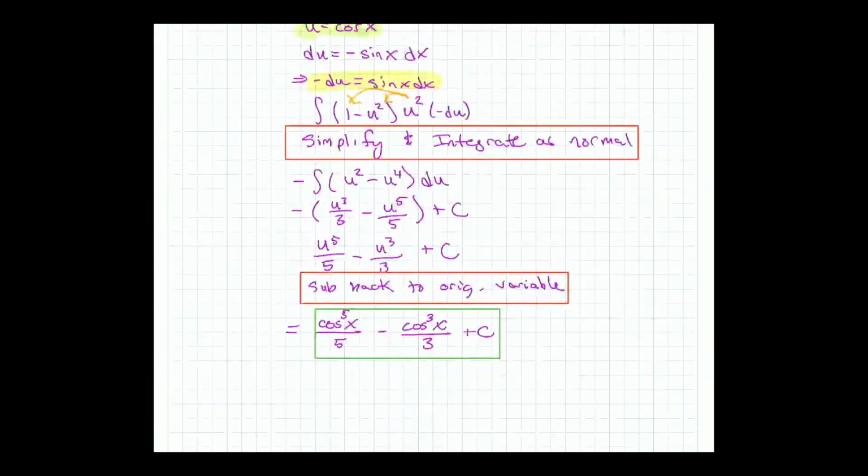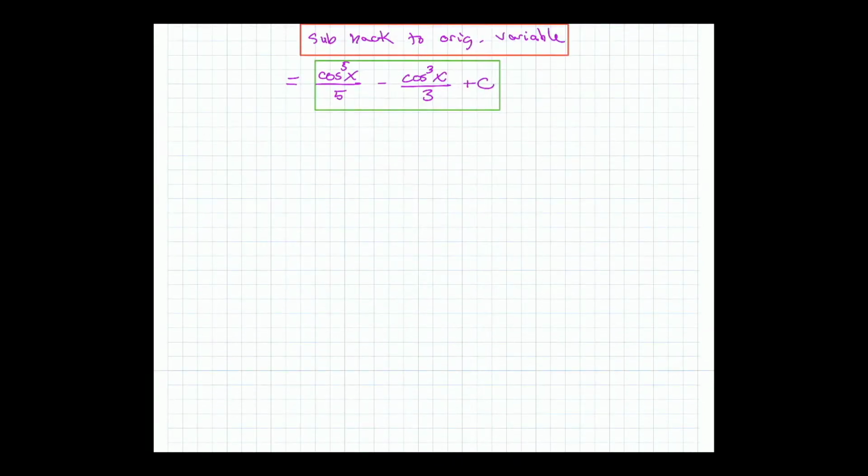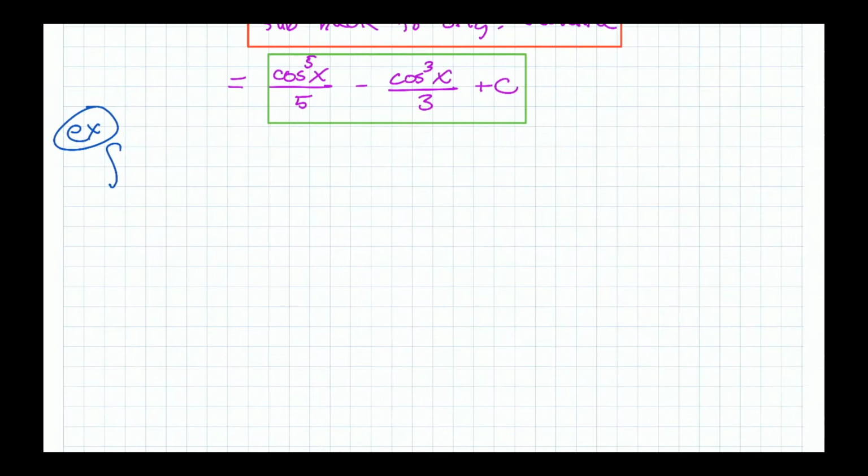So let's do one more of these and a little bit faster. So example. So what do we want to do? I said it'll be a little bit different if the cosine's odd, so let's make the cosine odd.